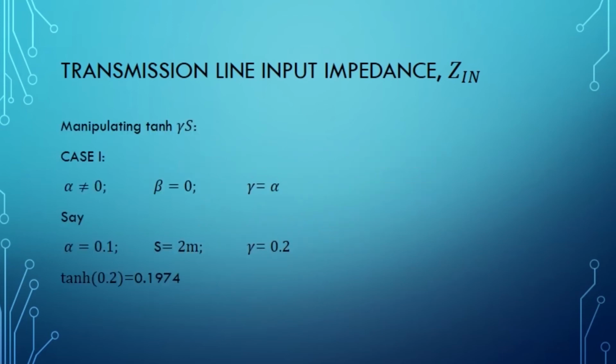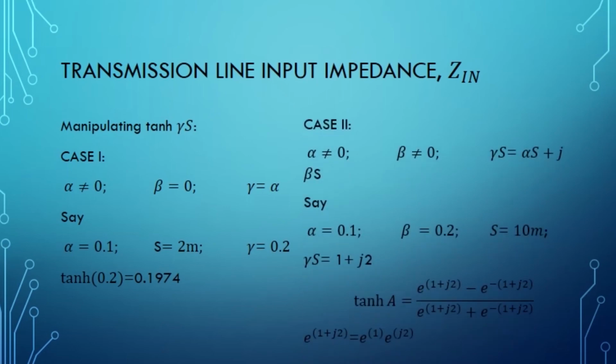So of course, if we manipulate tanh gamma S, we get different cases, as you can see, with different alphas, distances, betas, and gammas. The previous one was case 1, this is case 2.